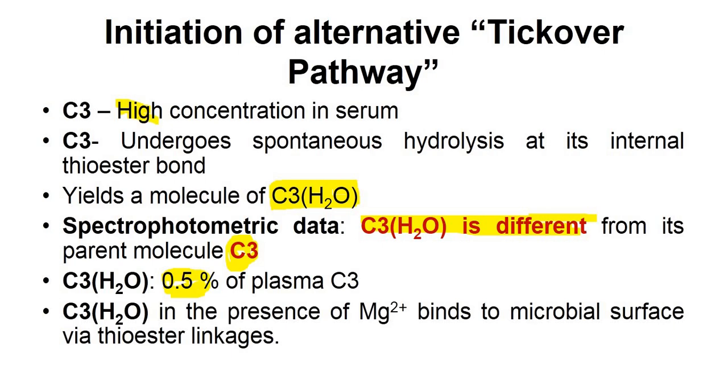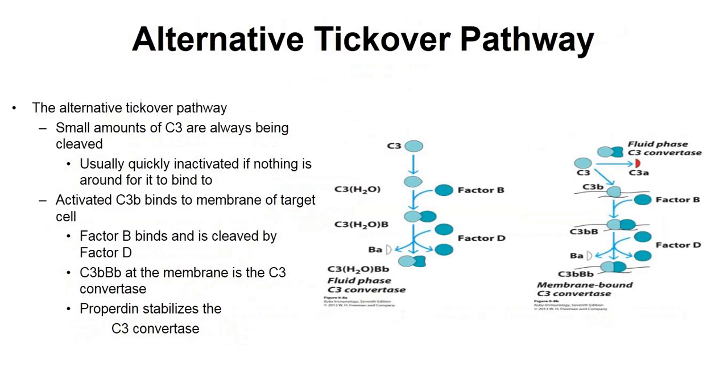So, new wonders of science were expressed. C3H2O, in the presence of magnesium ions Mg2+, binds to the microbial surface via thioester linkages. This was elucidated. So, we want C3H2O to bind to the microbial surface. Once it binds, the alternative Tickover pathway starts.